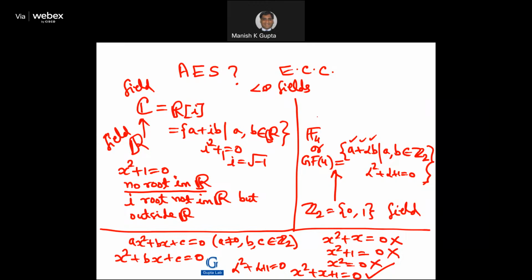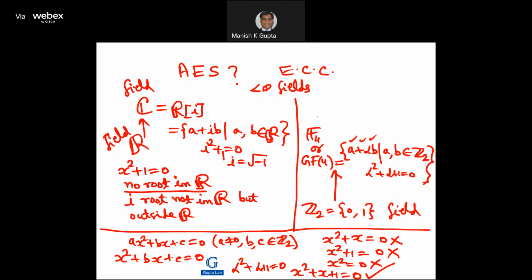If we plug in x equal to 0, we get 0 plus 1, which is non-zero. If we plug in x equal to 1, 1 plus 1 plus 1 is 3, modulo 2 it is 1, right? So this is the right kind of polynomial, and I can take this polynomial to construct a field with 4 elements.